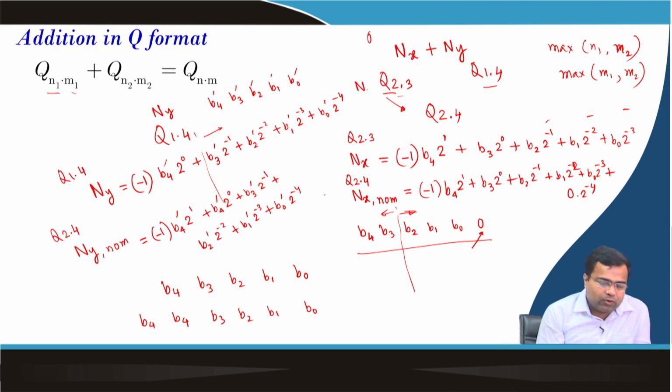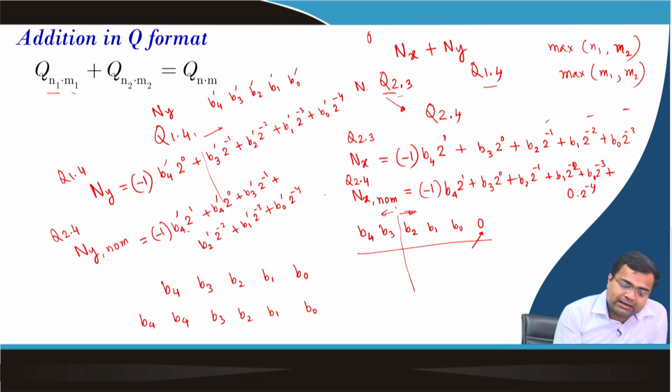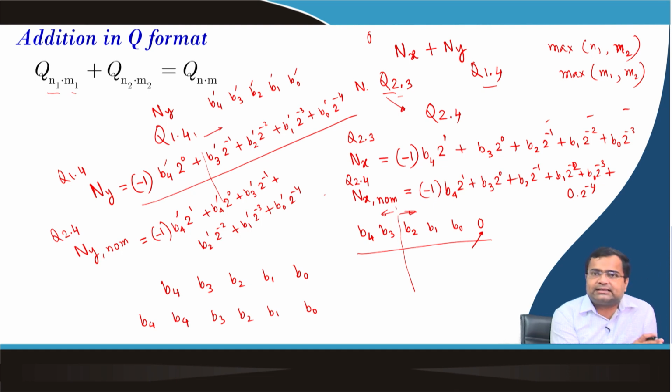Because what you are doing, you are adding another bit, and the earlier bit has gone, because now minus 1 has come out right here. So, we are extending the sign bit.